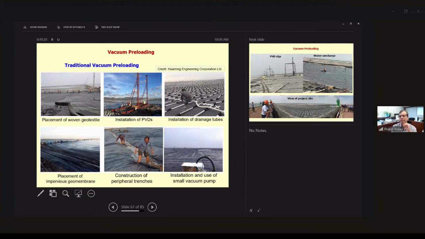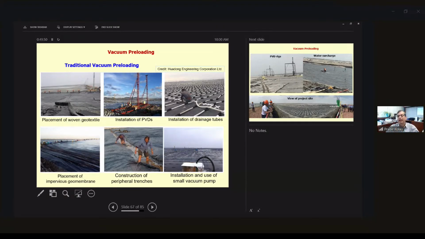Vacuum preloading, as I mentioned, these are the different things. These pictures have been taken basically from GIAN's book, but mostly from when I visited Shanghai, China. There we really observed all this, how they install the PVD, the installation of the drainage tubes.